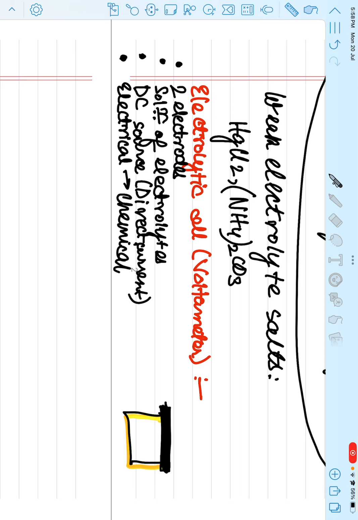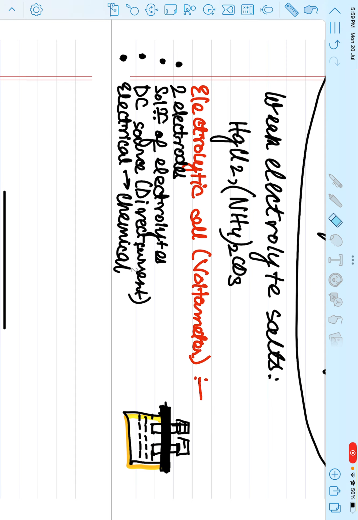Here I have my electrolyte filled to the brim. Here I will have my two electrodes. This one is my anode. Let me make it bigger. This one is my cathode. And I have a battery and a source here.